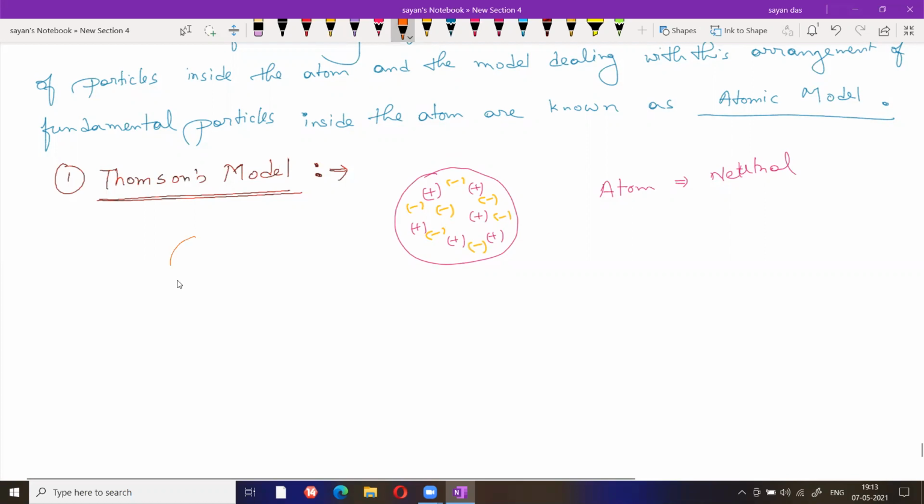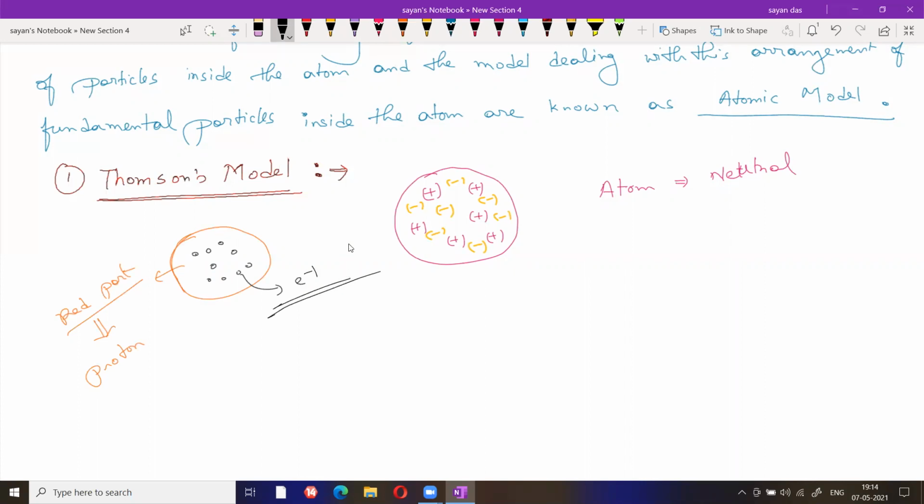This system is also known as Thomson's watermelon model. What is the shape of a watermelon? The red part of the watermelon is considered as the proton, and the seeds present in the watermelon are considered as electrons.